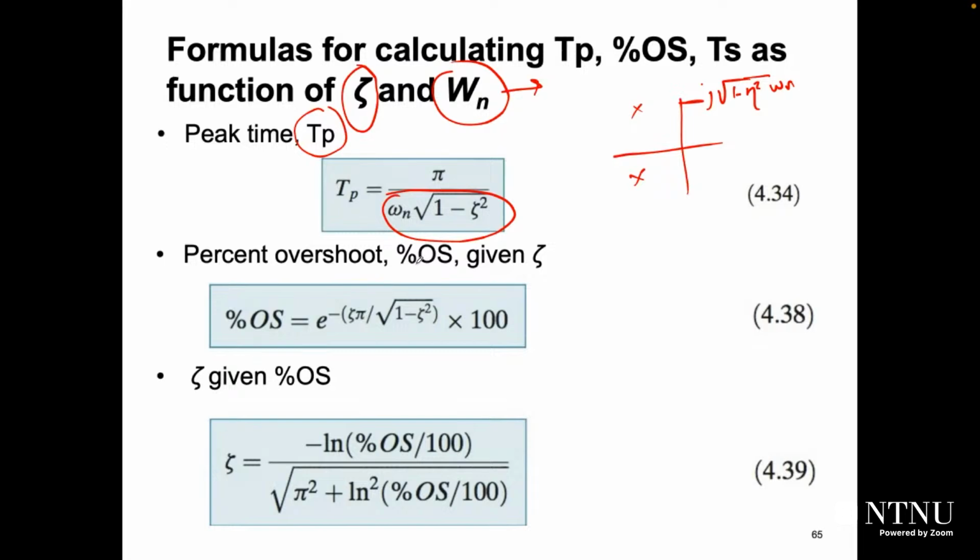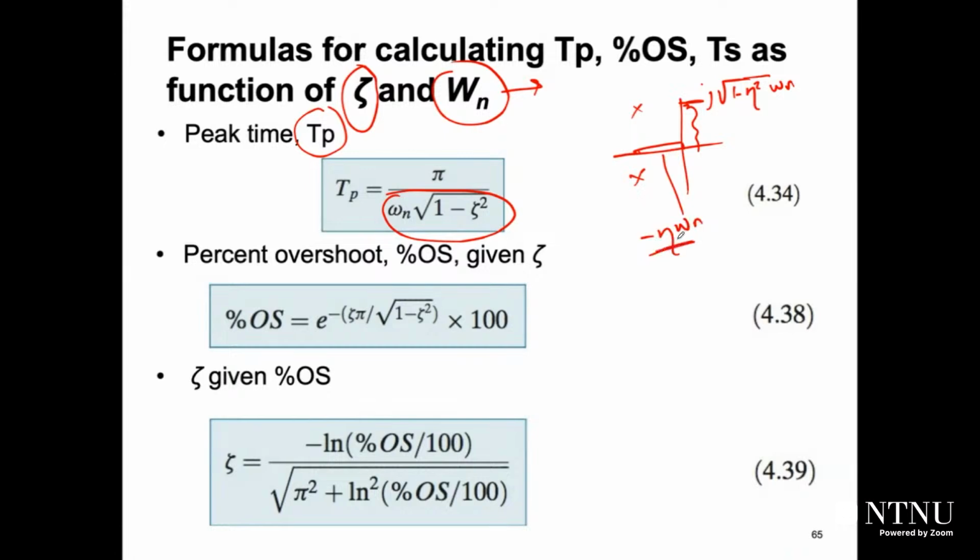Percentage overshoot will be exponential of minus zeta pi divided by square root of 1 minus zeta square, multiplied by 100. In fact, it's the real part divided by the imaginary part, because the real part is minus zeta omega n.